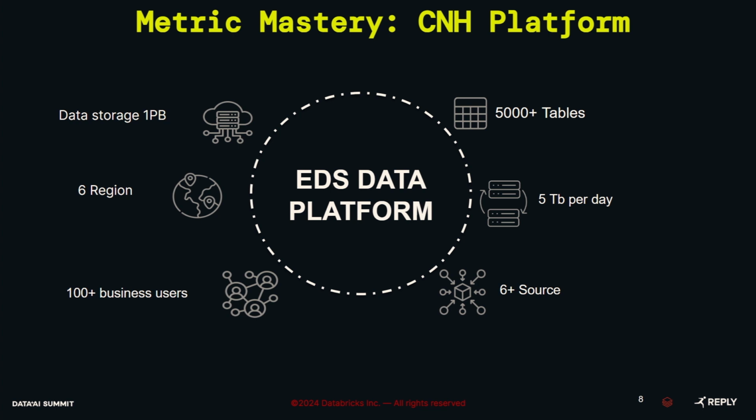Some number about EDS. So CNH works on 6 different regions all around the world. This means that there are at least 6 different sources. We ingest every day more than 5 terabytes inside the platform, and the platform uses more than 100 business users every day.